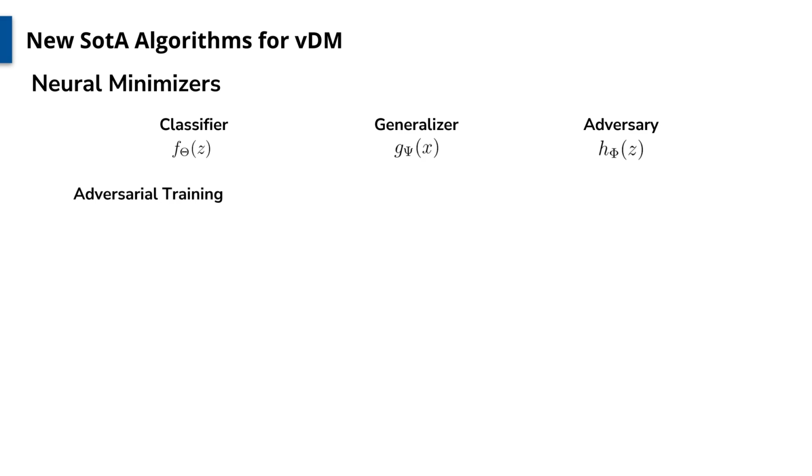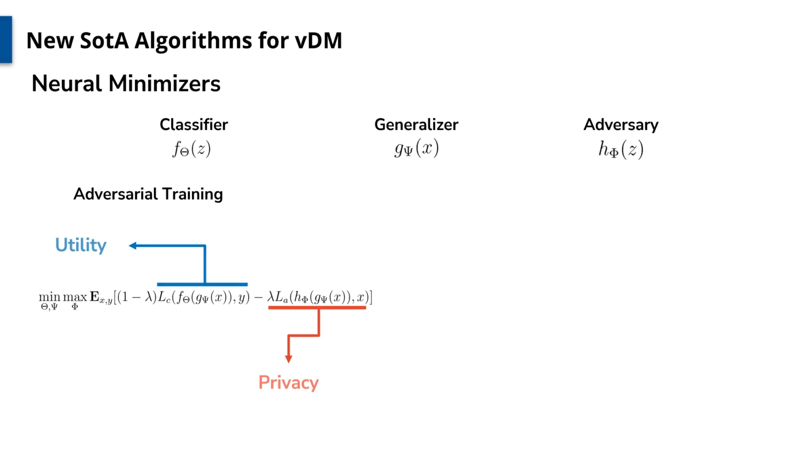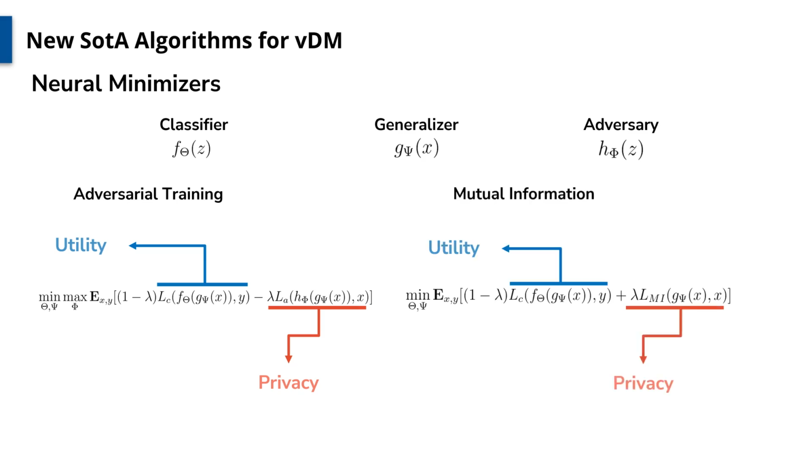Similar to approaches in generative adversarial networks, our adversarial minimizers have a joint objective which has one term accounting for utility and another one accounting for the corresponding privacy. This is mirrored by our mutual information minimizer that swaps the adversarial privacy objective for one that is based on mutual information.